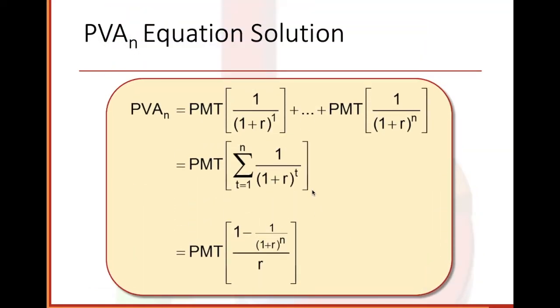And here's the equation solution. So again, this is the summation from 1 to n, for 3 years, of the payment, which is the payment times 1 minus 1 over 1 plus the interest rate to the n power, all divided by our interest rate.